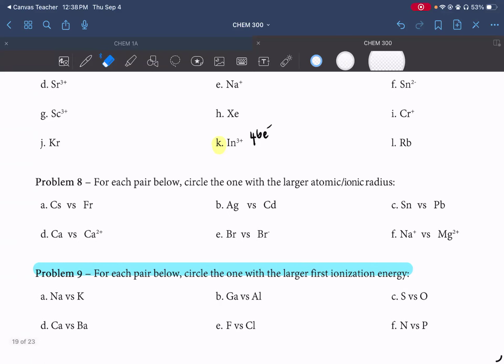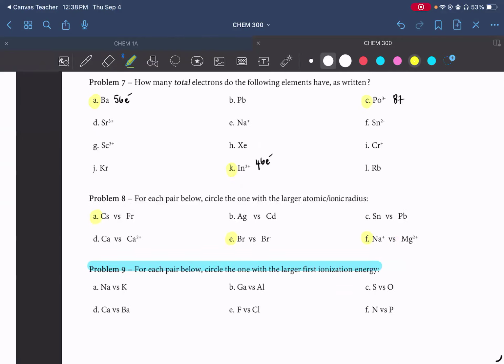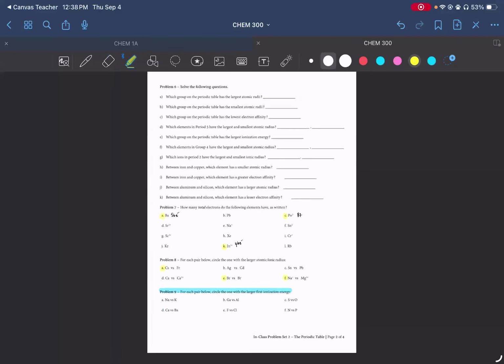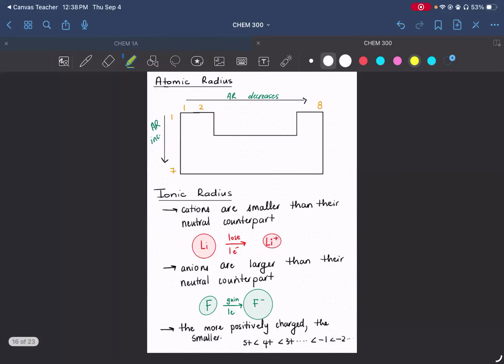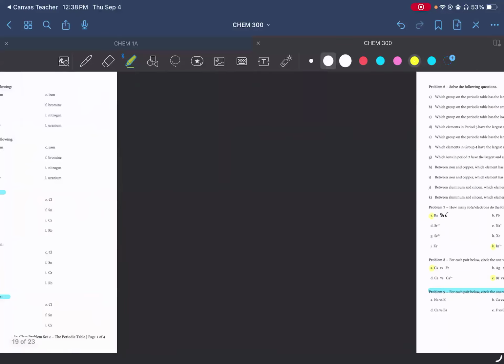All right, I'd like to do a couple questions from problem 8. A, F, E. All right, because this has to deal with trends, let's just take a second to remind ourselves of the trend. The problem is specifically asking us, I'll read it.